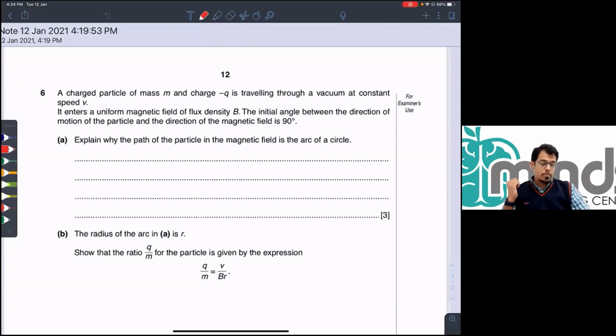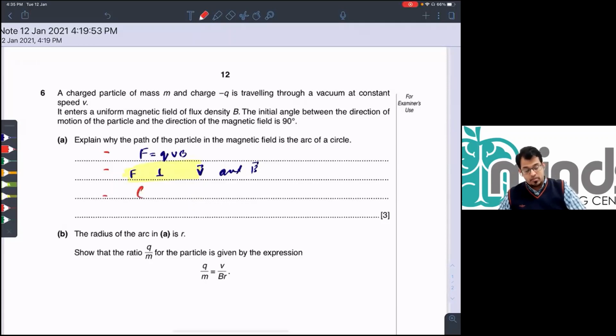Explain why the path of the particle in a magnetic field is the arc of a circle. You will say the force is given by qvB. This force is perpendicular to both v and B. What is important for us is that this force is perpendicular to velocity. And whenever force is perpendicular to velocity, the force will never increase or decrease the speed. It just changes the direction.